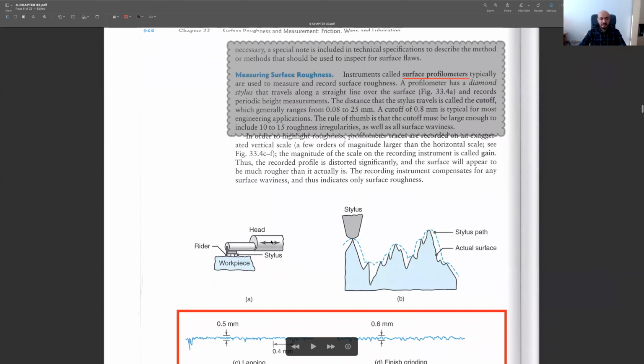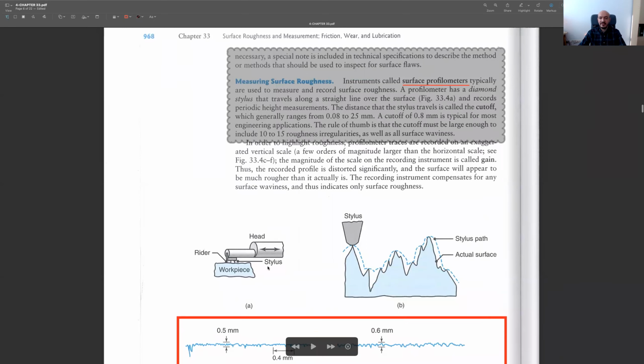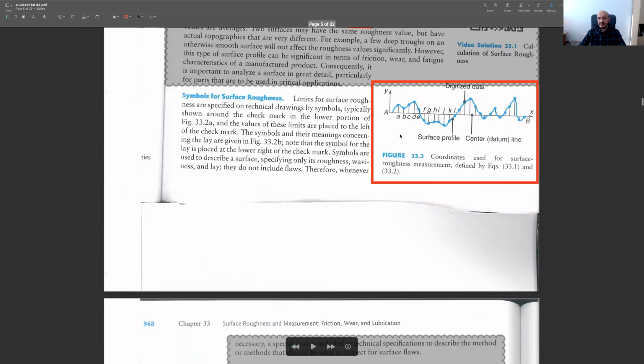And here is an example. This is the head of a surface profilometer. At the tip of this head, we have a stylus. This is a diamond stylus, and its diameter is very small, around some micrometers. What this surface profilometer does is move over the surface, go into these valleys, go over the peaks, and during this movement it takes measurements as we discussed here.